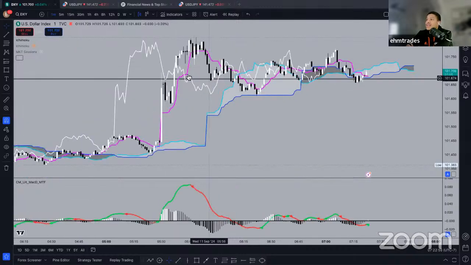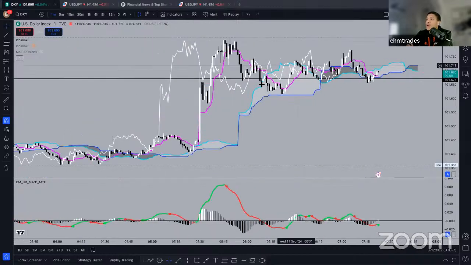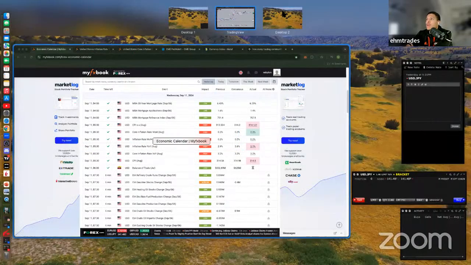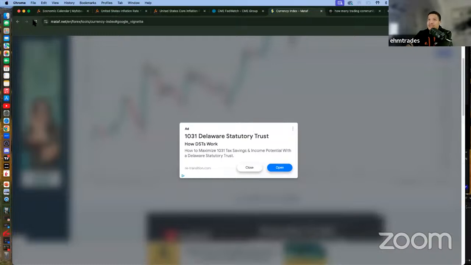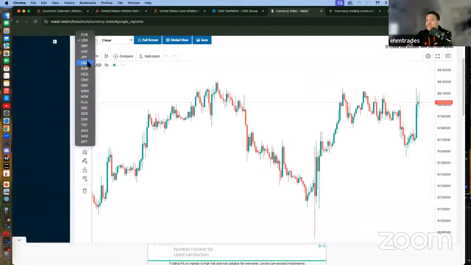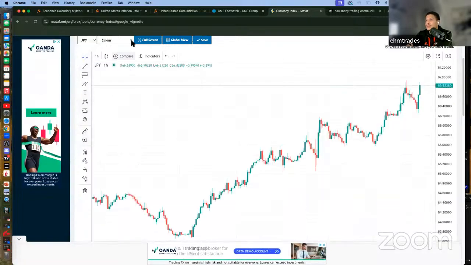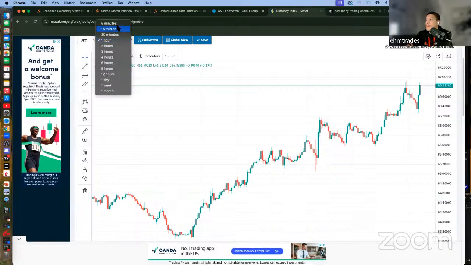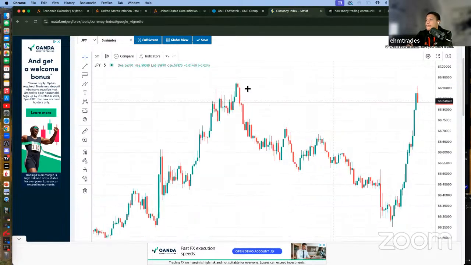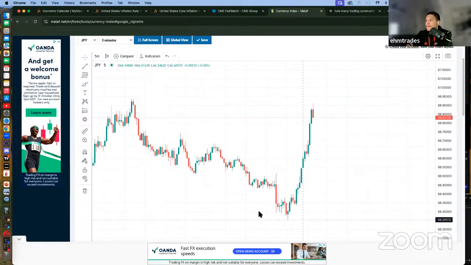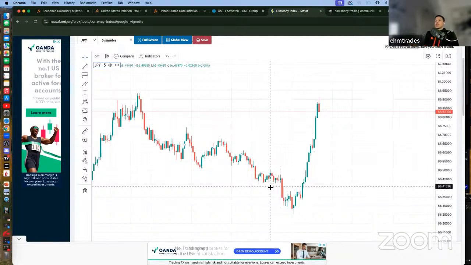We haven't seen that come in on the dollar yet, but where have we seen USD JPY lose its strength, right? So this is JPY. This is beautiful, guys.